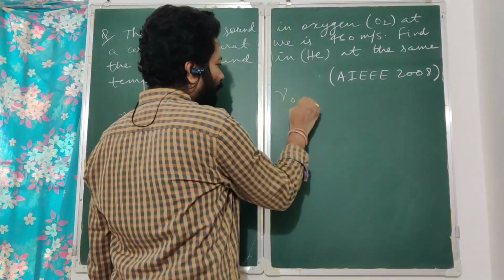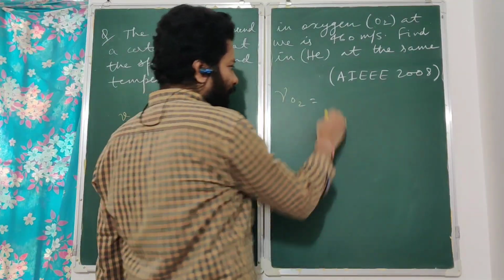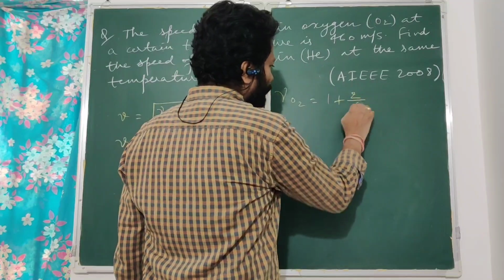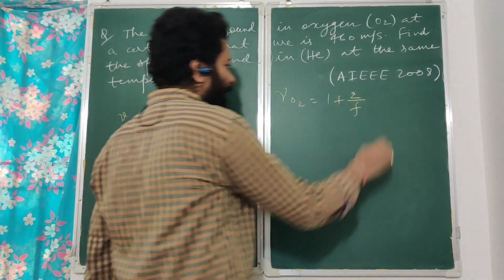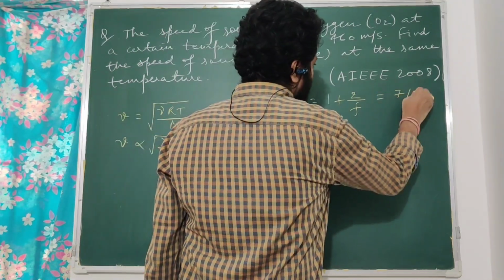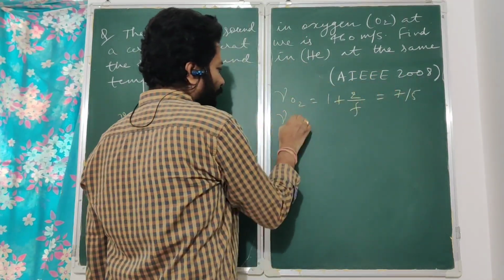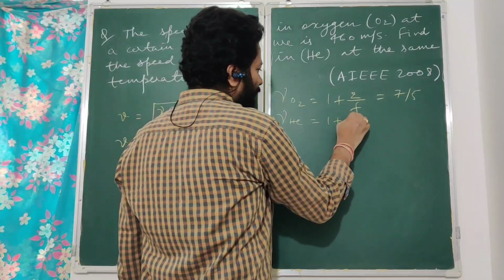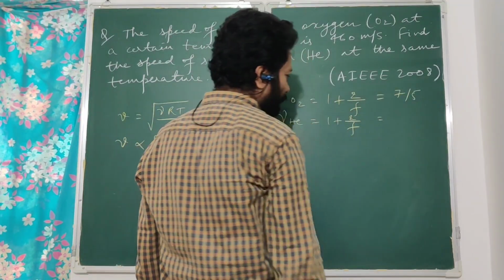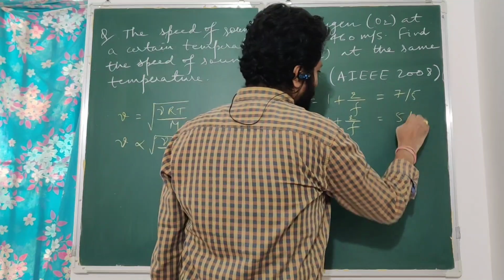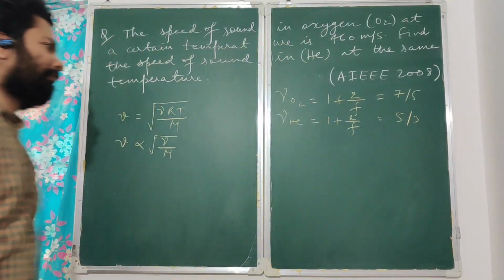So what is gamma of oxygen? It is 1 plus 2 by f. Remember the formula, degree of freedom for a diatomic gas is 5, so it will be 7 by 5. What about gamma of helium, a monoatomic gas? Degree of freedom is 3, so it will be equal to 5 by 3.